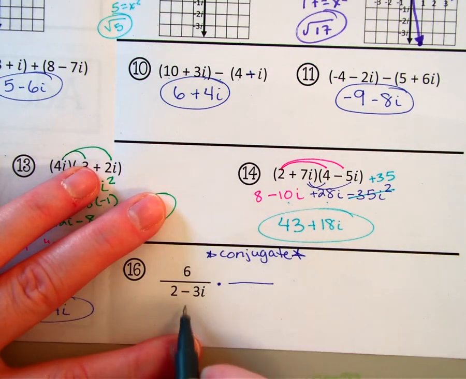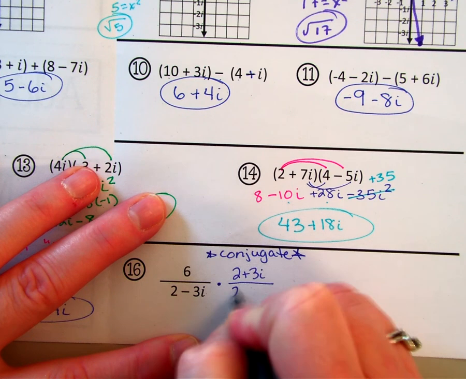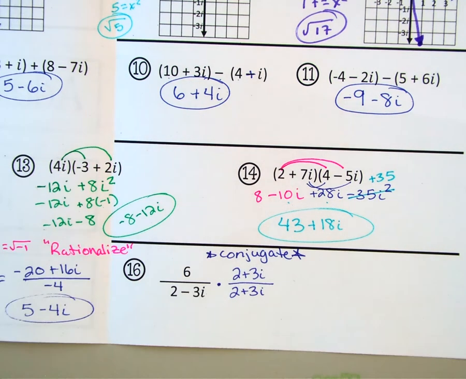The conjugate of this, you just change your sign to plus. So 2 minus 3i and 2 plus 3i are conjugates. Reason being, when I get my answers, if you remember, when we take the square root of things, we get plus minus.